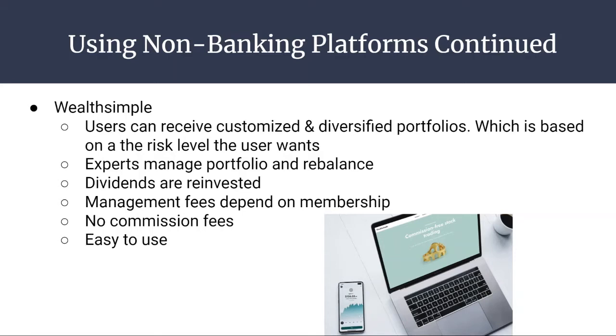After they select a risk level, the app creates a customized and diversified portfolio which aligns with the risk level and the investing goal of the users. Experts will observe the changes in the stock market and rebalance the user's portfolio accordingly. Another interesting thing is that many dividends that are paid out will be used towards being reinvested.